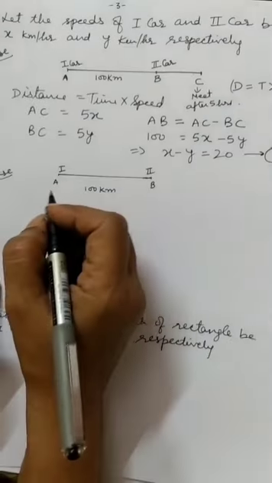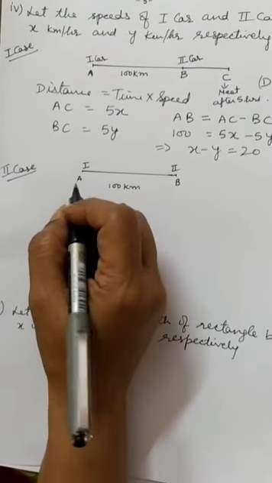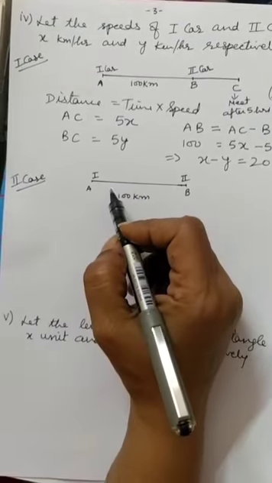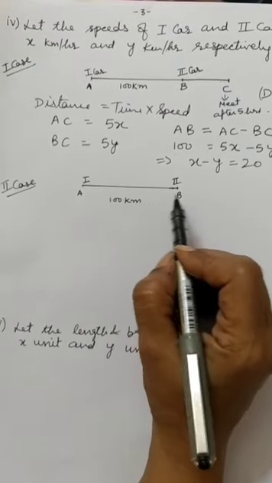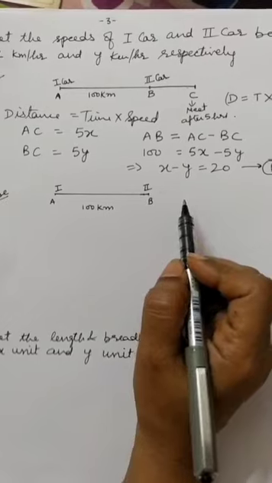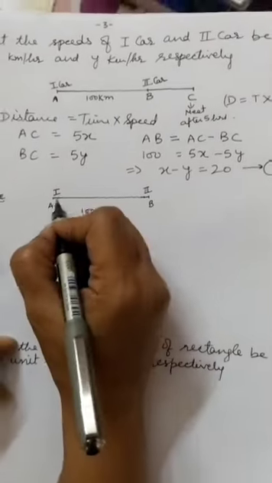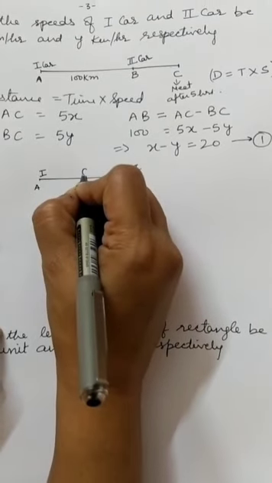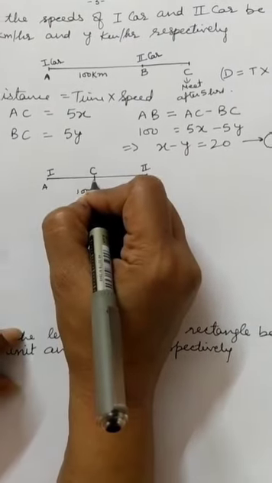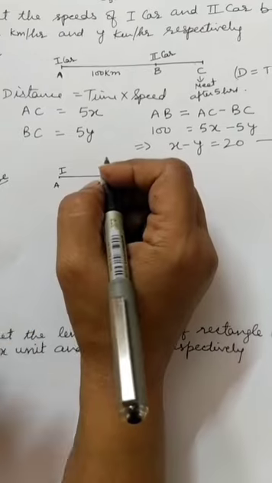Now let us read the second condition. The second case given is that instead of traveling in the same direction, suppose they travel towards each other, and let us suppose that they meet at point C here. So point C will be in between A and B, and they meet in 1 hour.